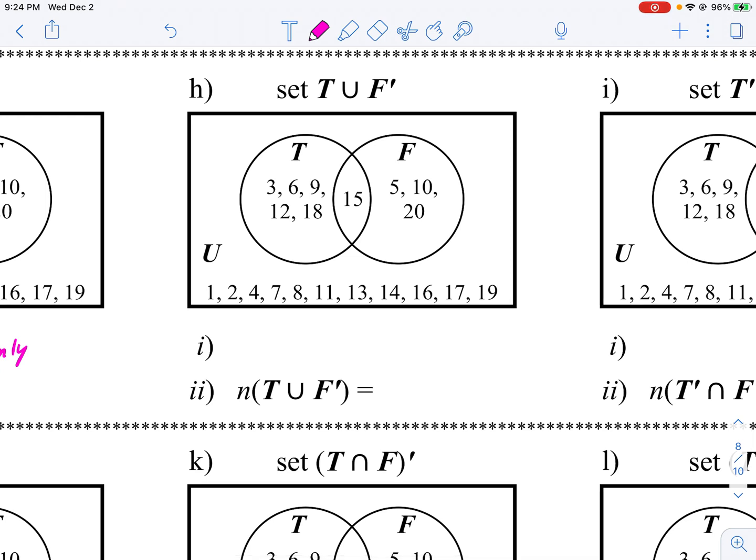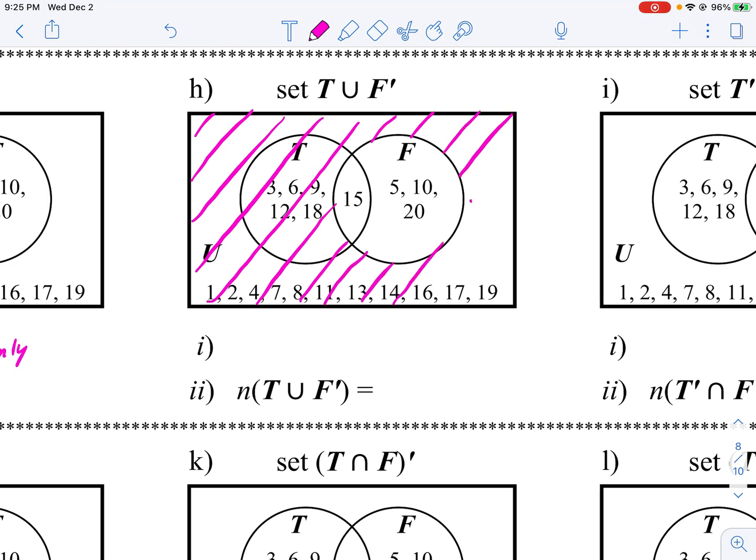In this portion, T union not F. So it's either T or it is everything that's not F. So in this case, we would include all this stuff. Now, do you think we're going to include the middle part? Let's think.